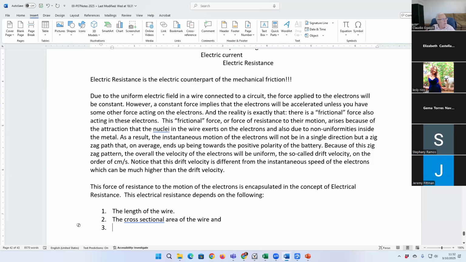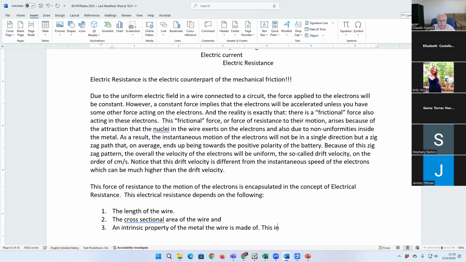And three, the intrinsic property of the metal the wire is made of.